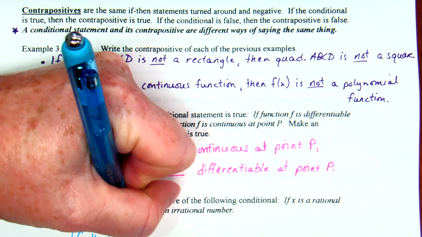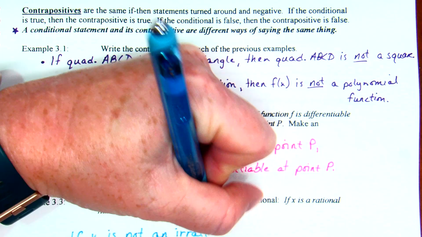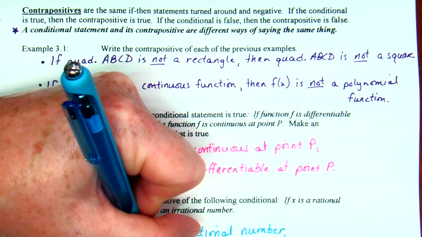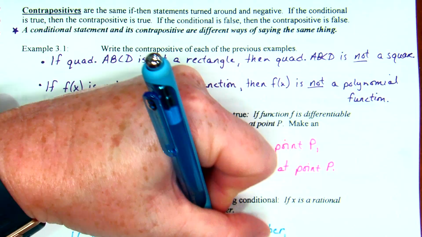If x is not an irrational number, then what? X is not a rational number.